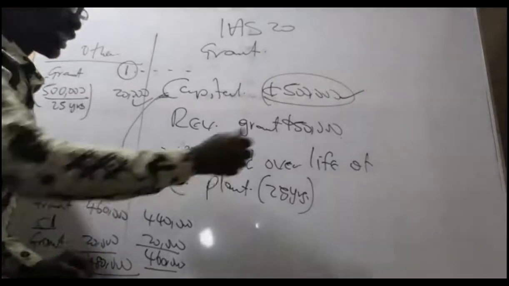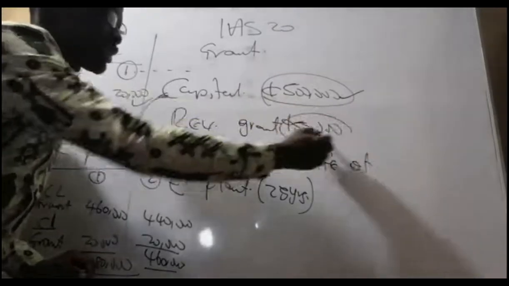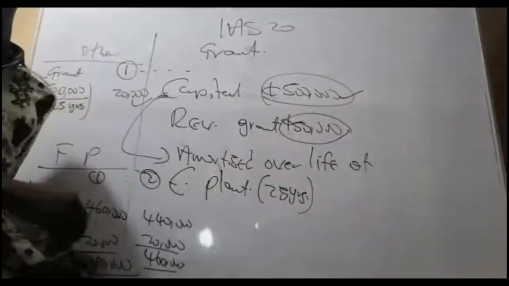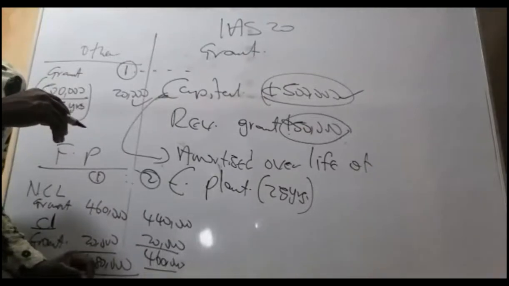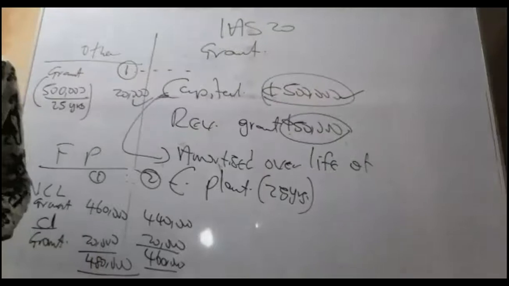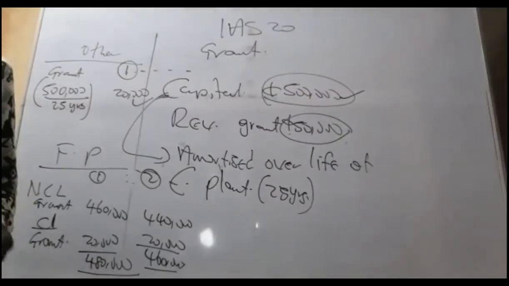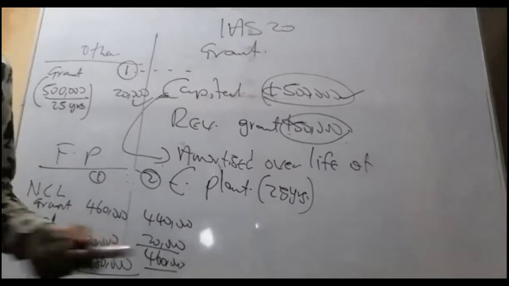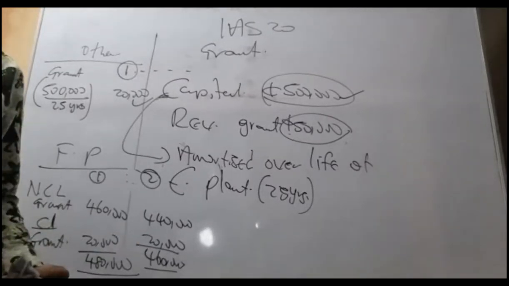Because for the deductive, you have to get the related expense, then you subtract it from the related expense. Here, there's no related expense. So the best approach is to credit your income statement. So you have to credit the 50,000 to your income statement. We are done. That is the end of this. Going forward, 4 marks. Good.